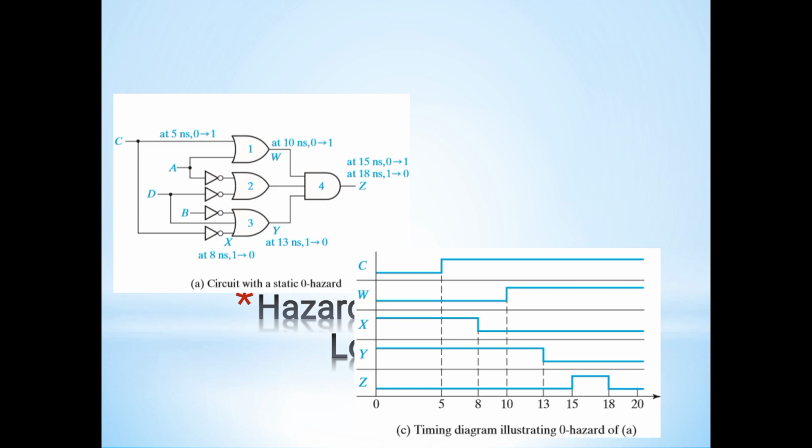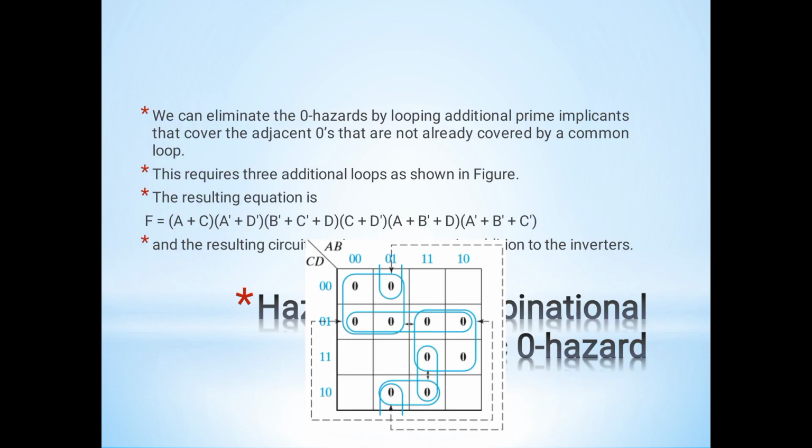We can eliminate this unwanted switching from 0 to 1 by grouping. Previously there were 3 groupings. Now we have grouped all the possible groupings. By this grouping, the static zero hazard can be eliminated.